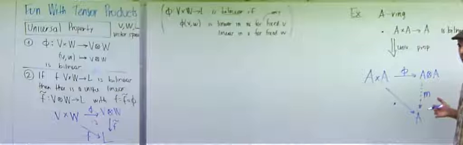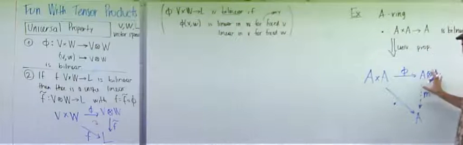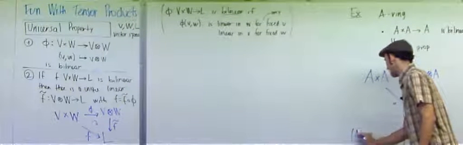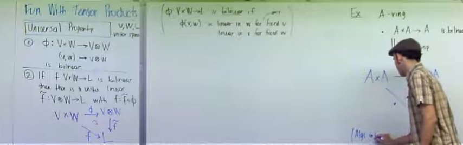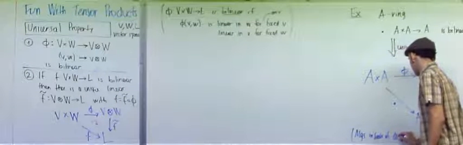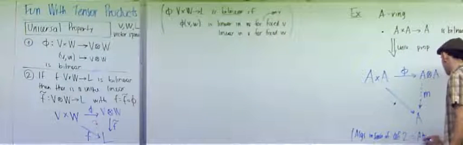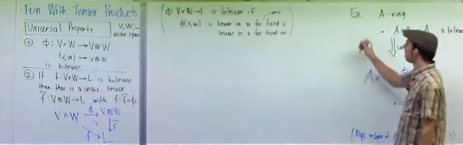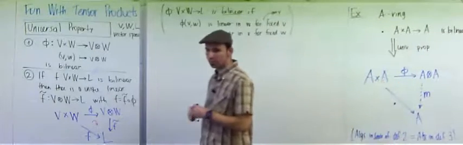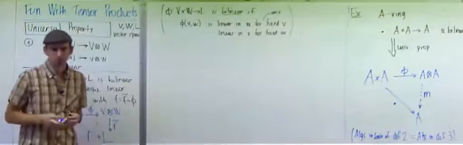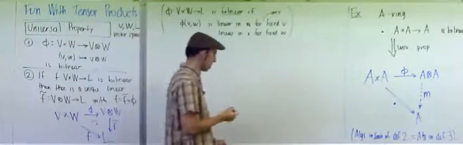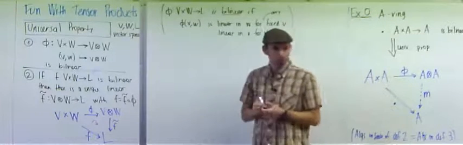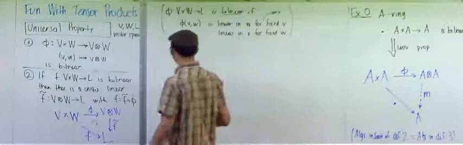And so that is the conceptual reason why I can do this, and everything works out. And this is going to show why algebras in the sense of definition 2 are the same thing as algebras in the sense of definition 3. This was kind of our missing step. And it's an immediate consequence of the fact that multiplication is a bilinear map. Okay. So that's going to be our example. I'll call it example 0 to be consistent with the numbering that I have in my notebook.